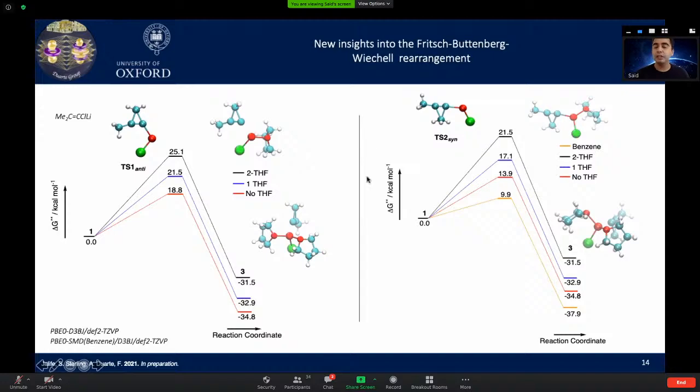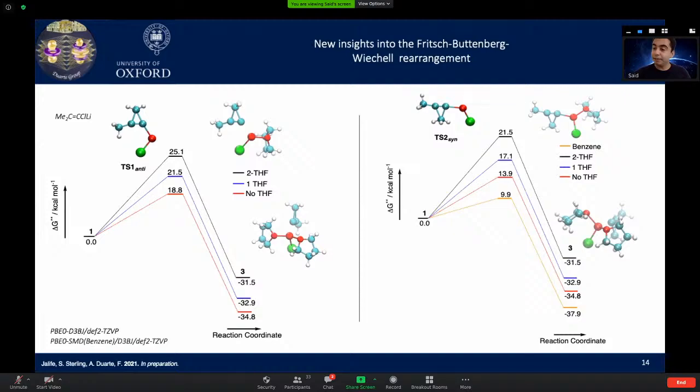Also, we need to consider that this dimerization process will depend on the lifetimes of the carbenoid, the concentration, and even the temperature employed in the experiments. But for now, what we can see is that the barriers actually increase, or the FBW rearrangement is decelerated, by adding these coordinating polar molecules, right?